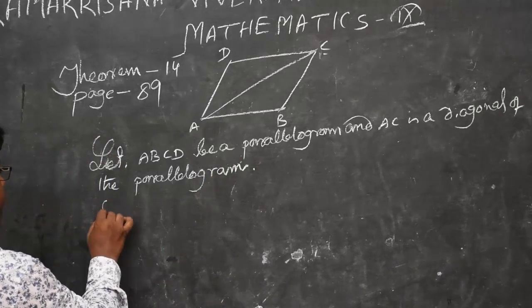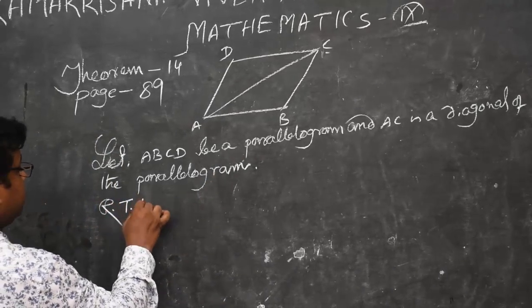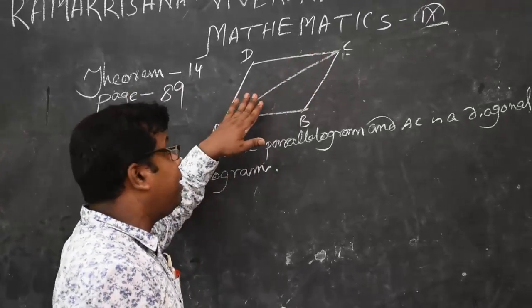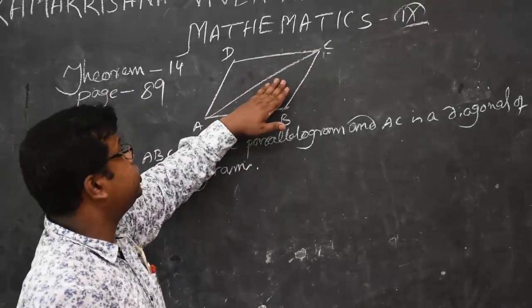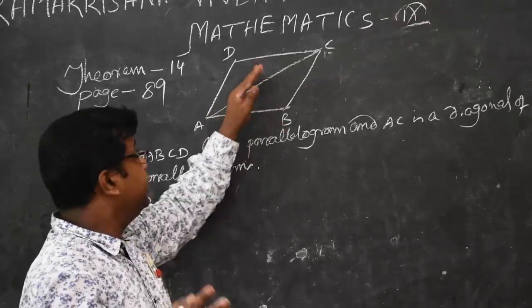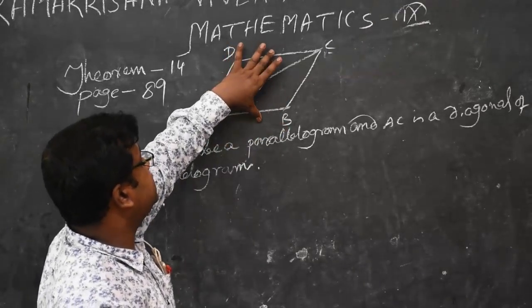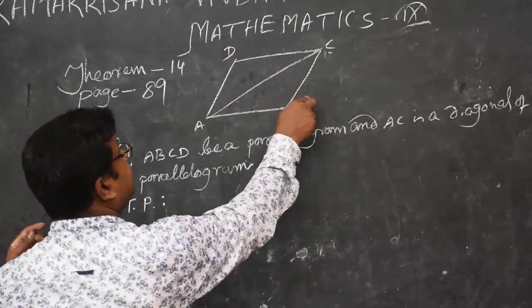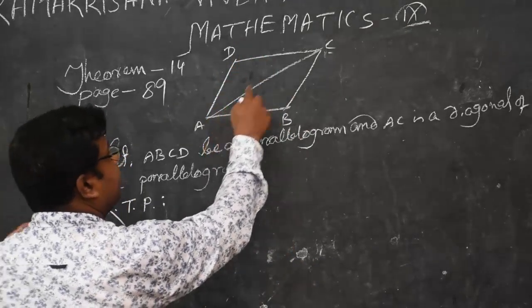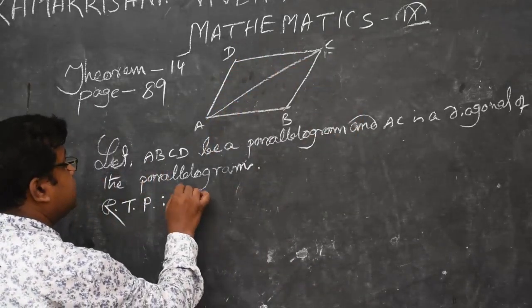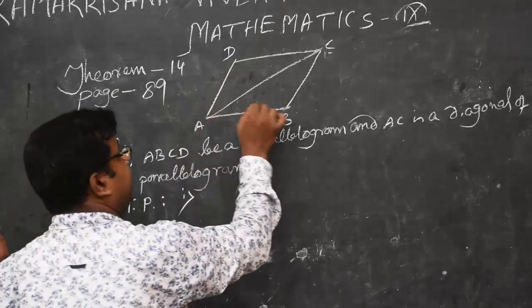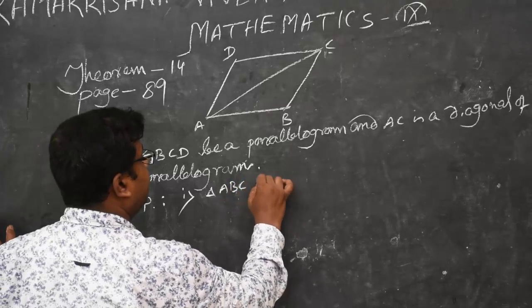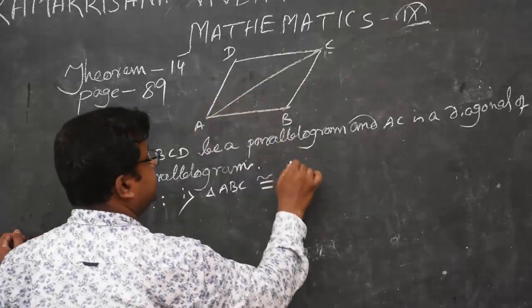Okay, required to prove. See the question. First, any diagonal divides the parallelogram into congruent triangles, that is this triangle congruent to this triangle. Opposite sides are equal, that these sides are equal and this pair of sides are equal. Opposite angles are equal, that is this angle equal to this angle and this angle equal to this angle. Okay, let's start to write. Number 1, triangle ABC congruent to triangle ADC.